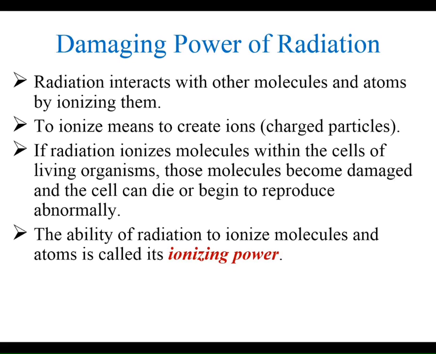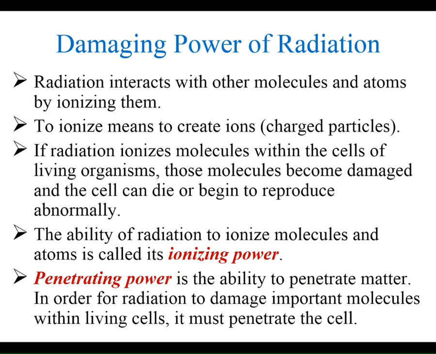That may not be as bad. So that's the ionizing power. The other thing, on the flip side, is the penetrating power. That's the radiation's ability to penetrate, let's say, through clothing or through a wall and actually reach you, because it can't ionize your cells if it can't reach you in the first place. So there's ionizing power and there's penetrating power.